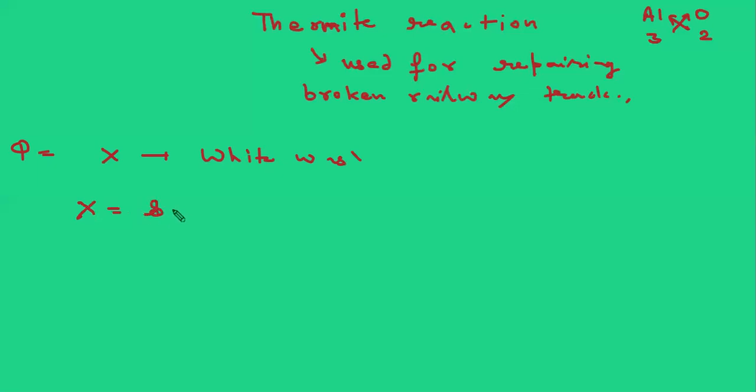Slaked lime means, can we say calcium oxide? So slaked lime is always used in whitewashing, and it is also known as quick lime, CaO. So X is here, whitewashing. So CaO is used in whitewashing.